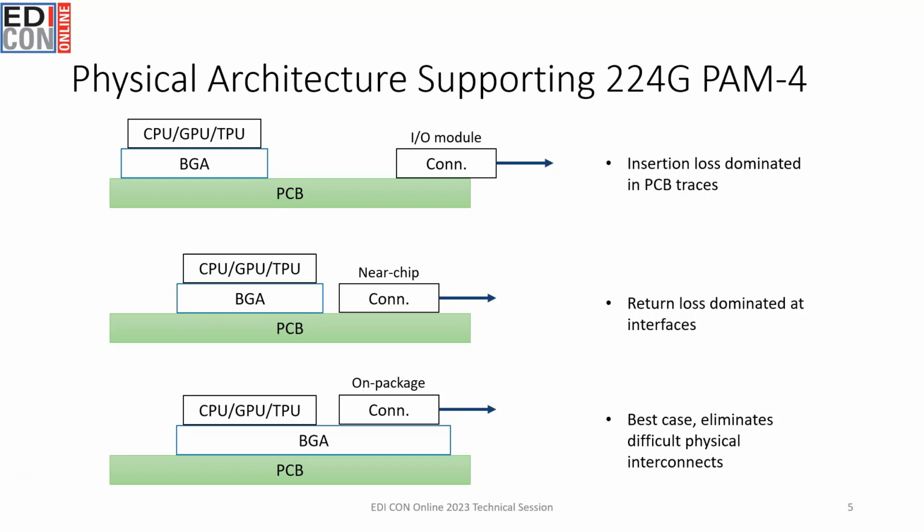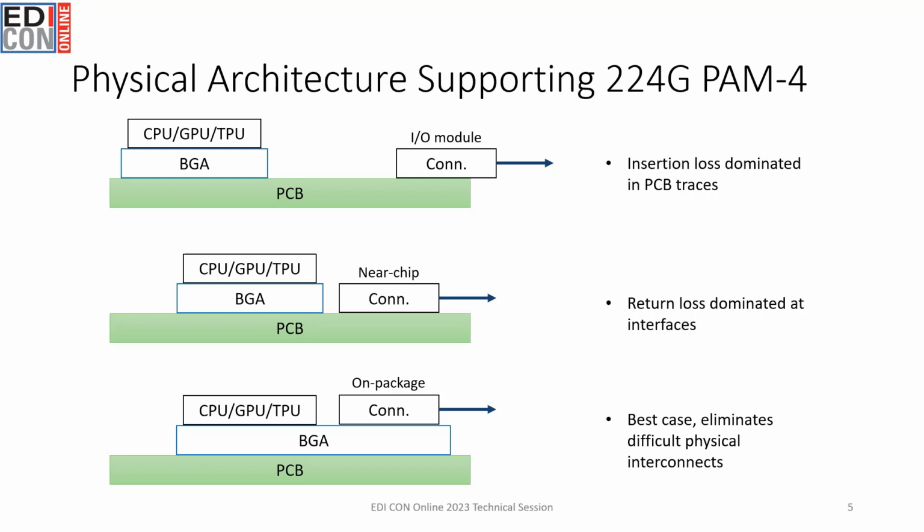I've drawn it hanging over the edge because they often are hanging over the edge, and then you have traces on the PCB routing in between these. So those traces can be rather long, and even if you have perfect impedance matching at the ends, the losses in these traces will be insertion loss dominated. So this is simply because the traces are long enough to have noticeable insertion loss.